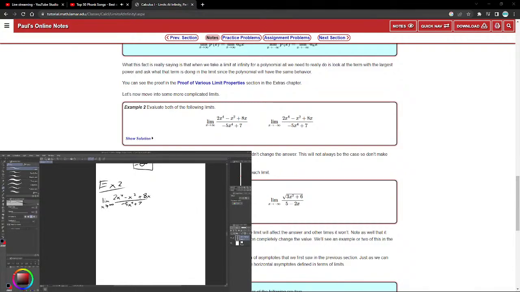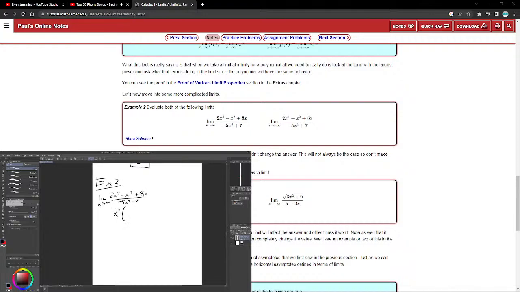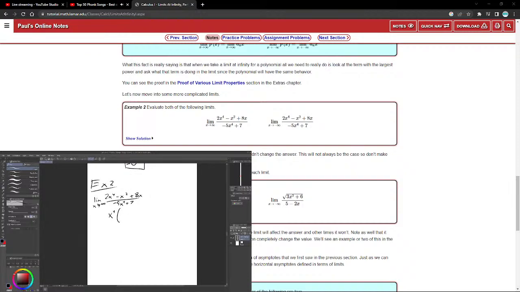Okay, so doing the same trick, factor out an x to the power of 4 on the top and bottom.